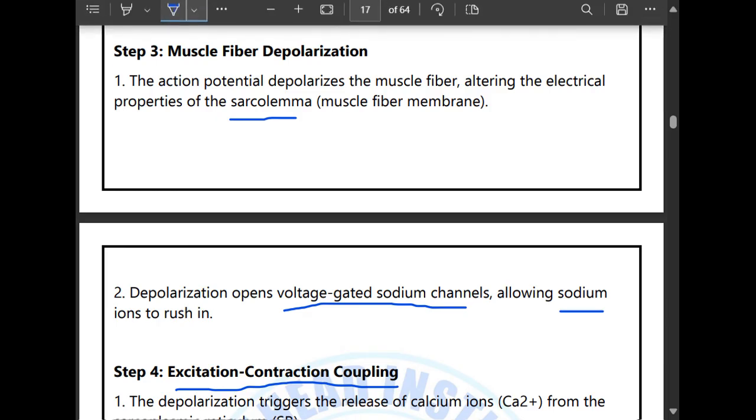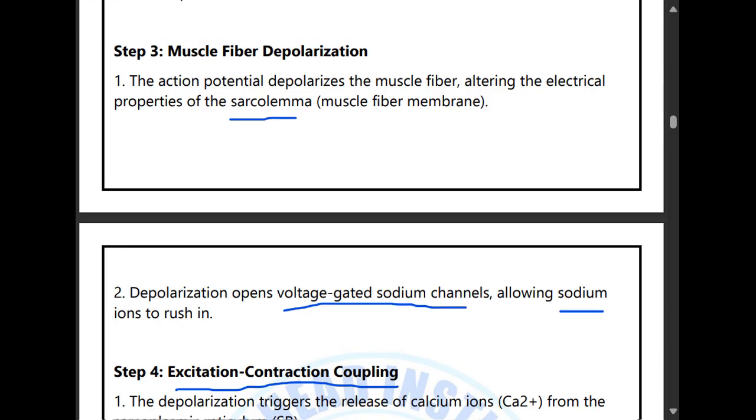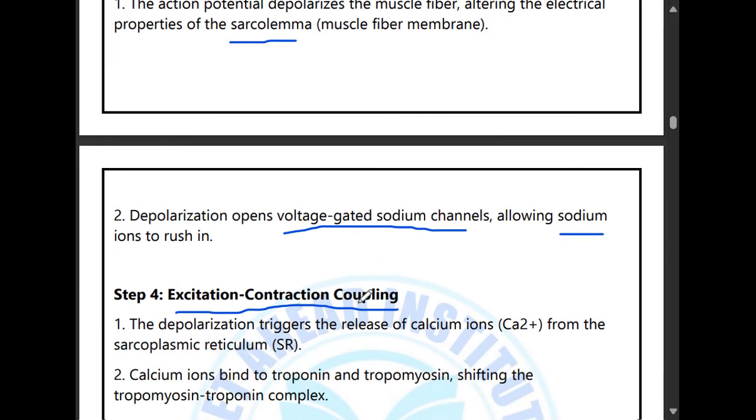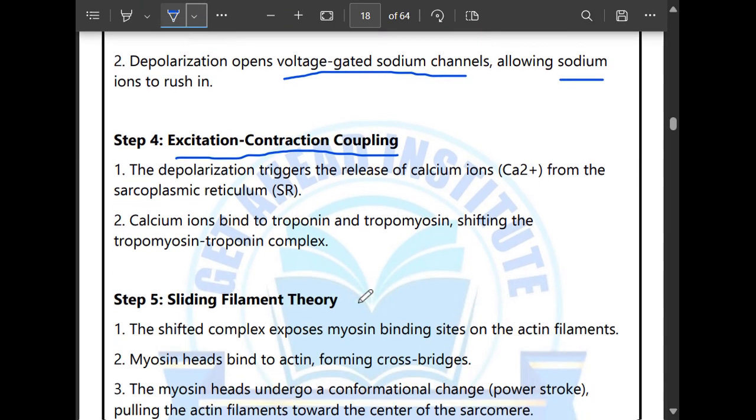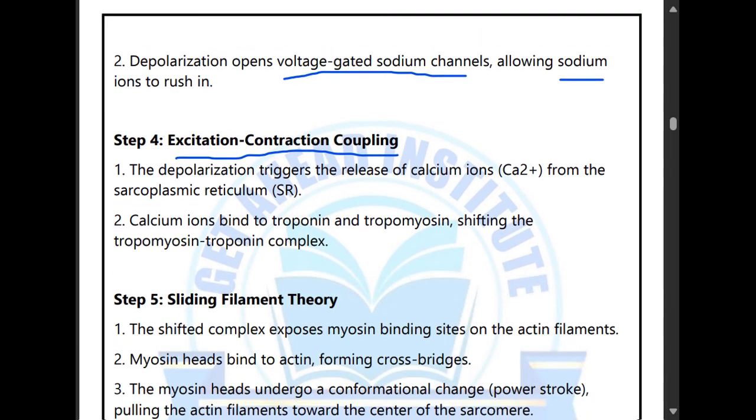When the muscle fiber has been depolarized, it will change the electrical properties of the sarcolemma. From there, since that depolarization has taken place, the sodium gated channels will open, and when they are open, they'll allow sodium to get in. Then we have excitation contraction coupling.